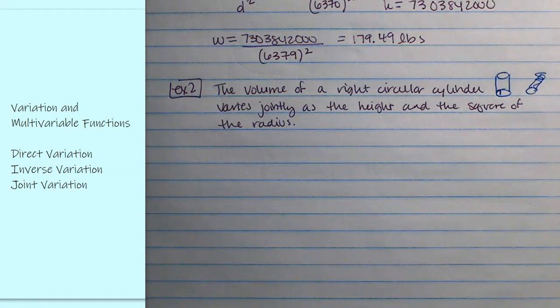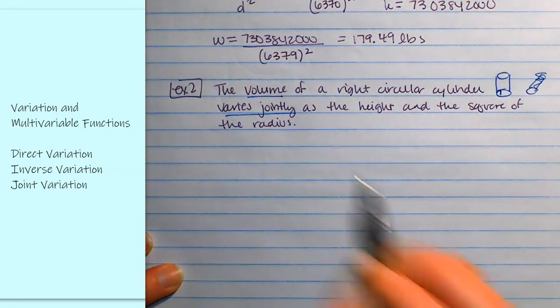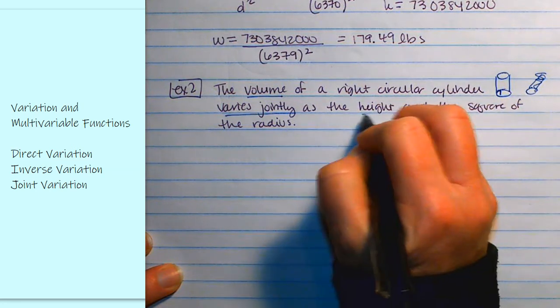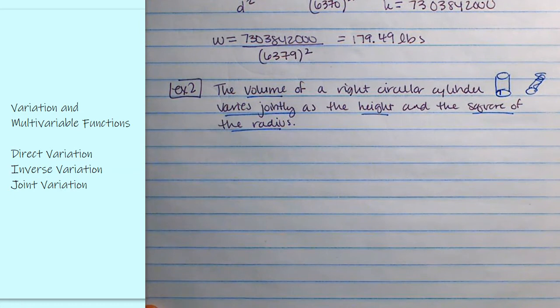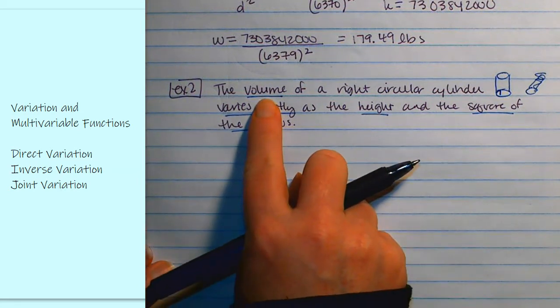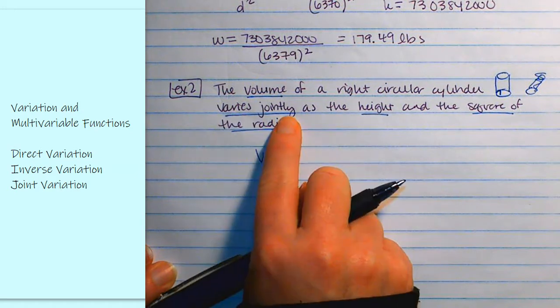So that means that we're going to take, let me find the words that are most important here. The volume varies jointly as height and square of radius. So those are all the things that I need to put into math. I'm going to start with volume. The volume varies jointly.